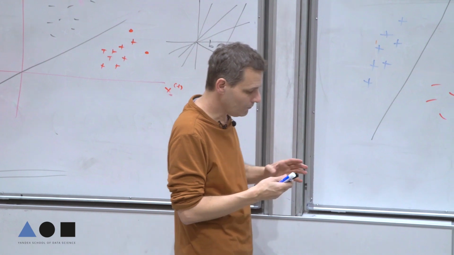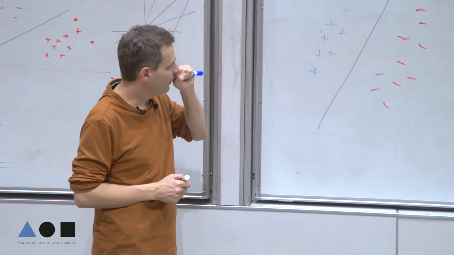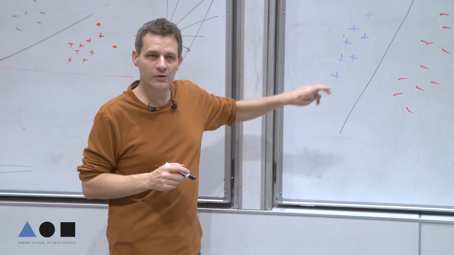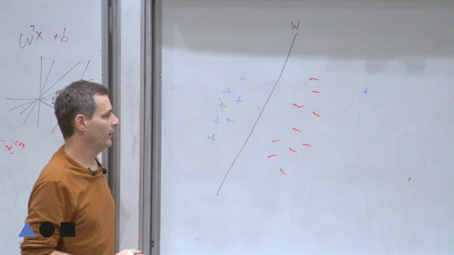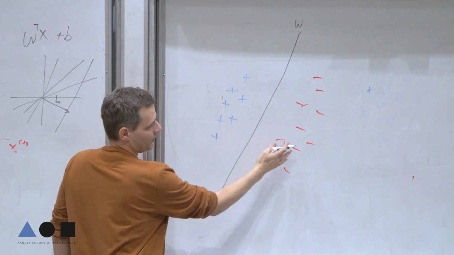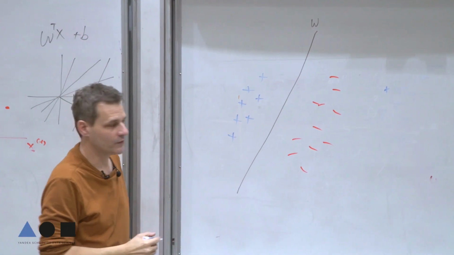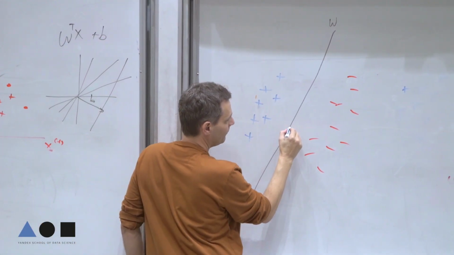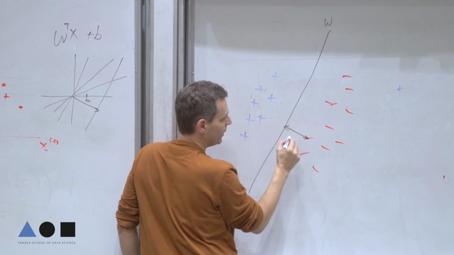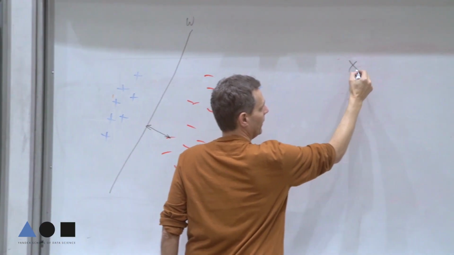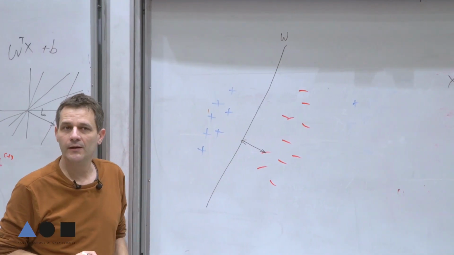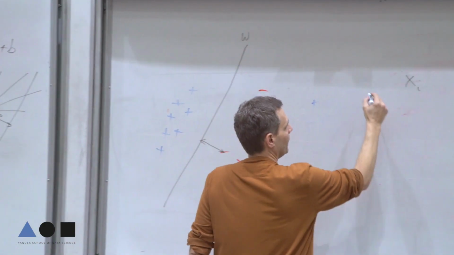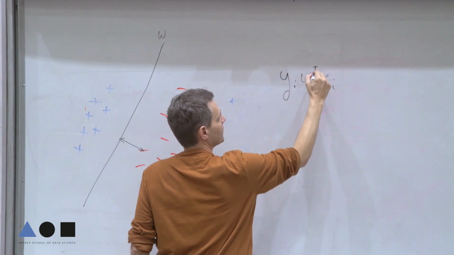So let's say we have our separating hyperplane, and we want it to be as far as possible from the samples. Let's see what this distance is. Say we have a sample xi. The distance is yi w transpose xi.